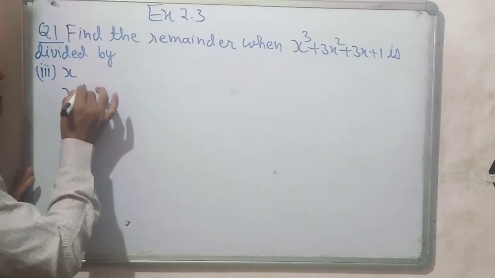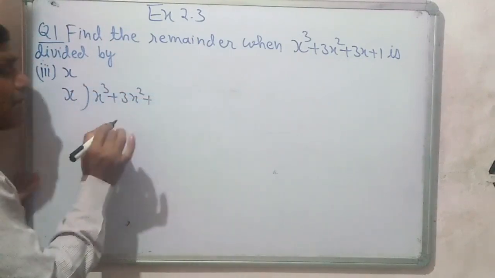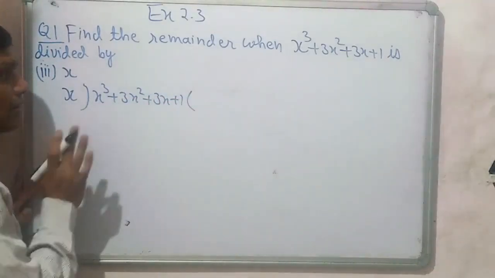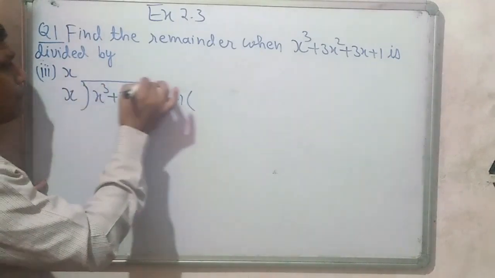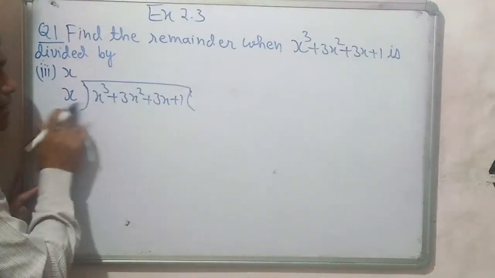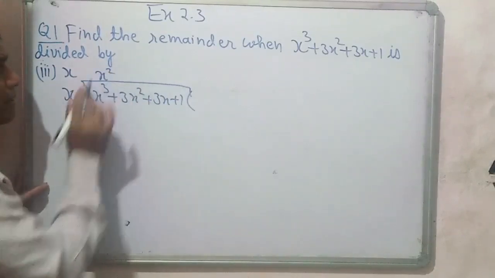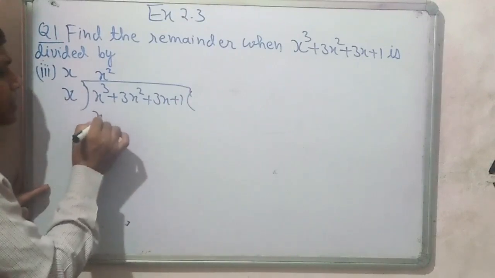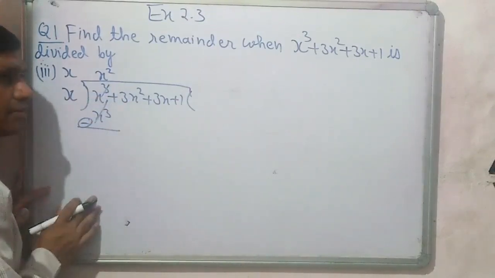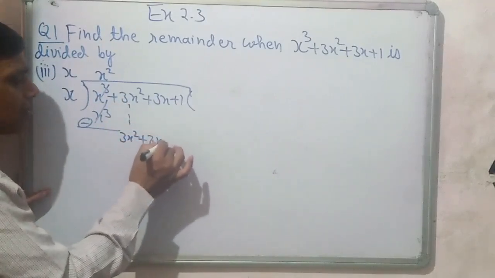We are putting this as x cube plus 3x square plus 3x plus 1. Let us do it step by step. Divide them. x cube upon x is x square. x square into x is x cube. Cancel it. Copy down 3x square plus 3x plus 1.